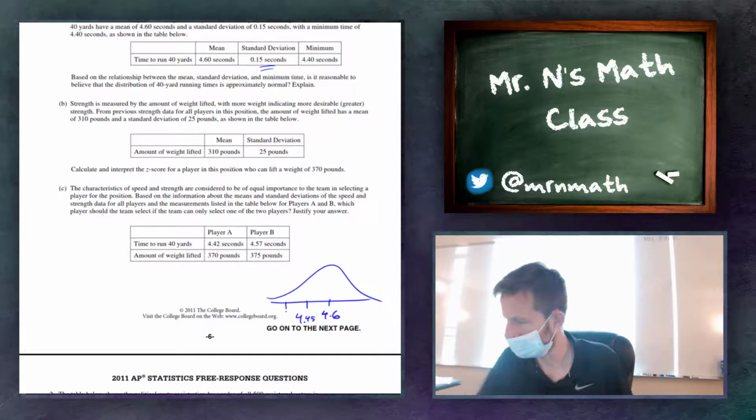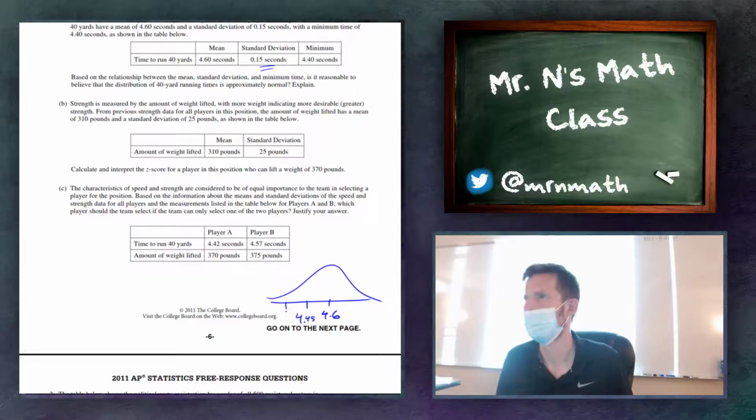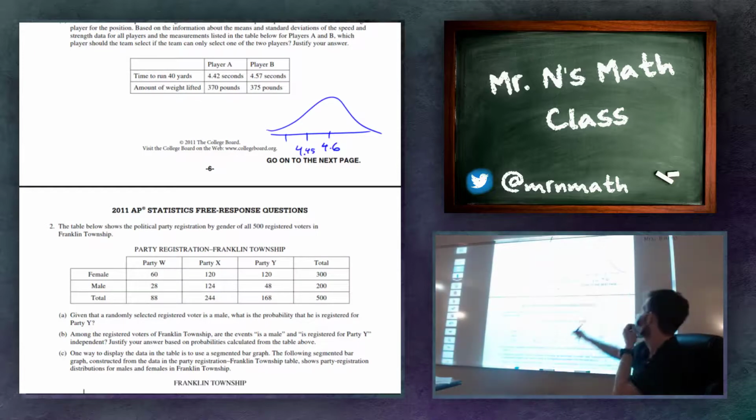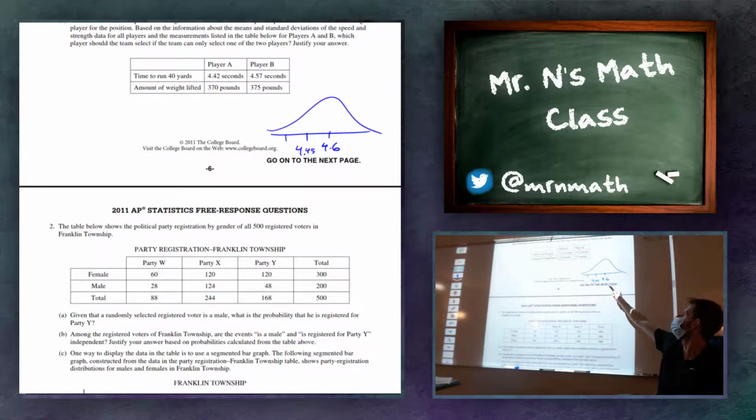And then if I go 1 more standard deviation to the left, I'm at 4.3. But what's the minimum? 4.4.